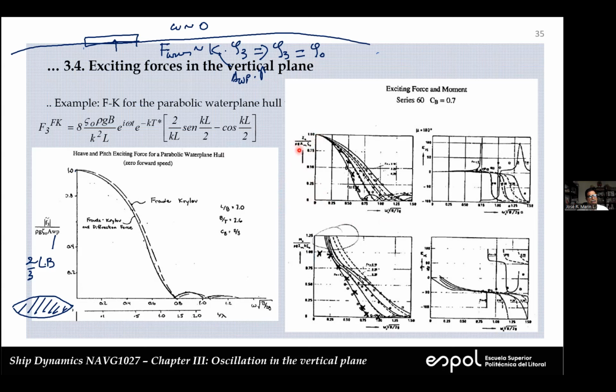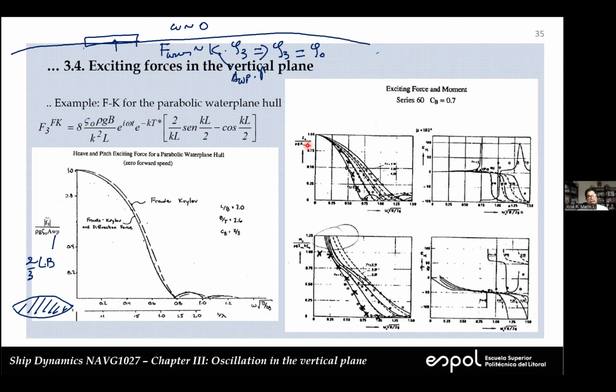This is rho g, the specific weight. This is the area of the water plane, and this is z0, the amplitude of the wave. That means the force is basically equal to this thing here.